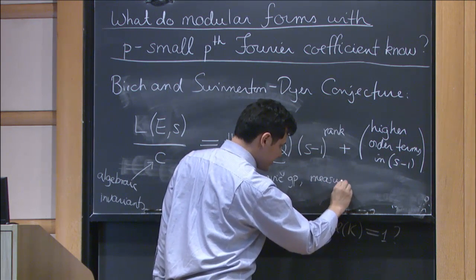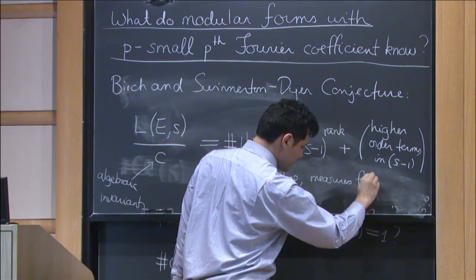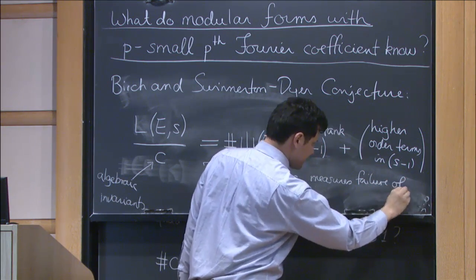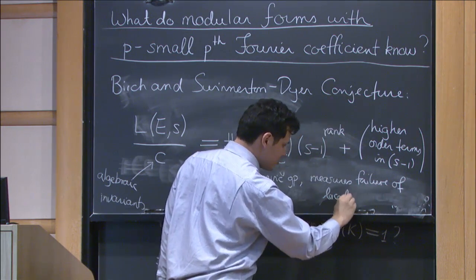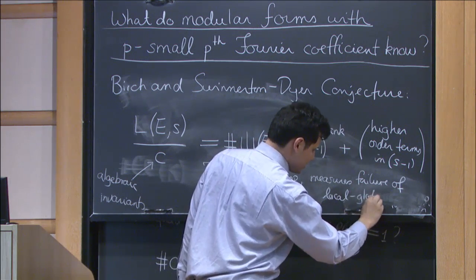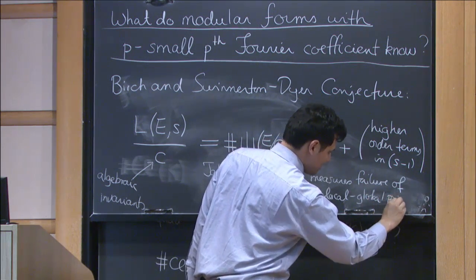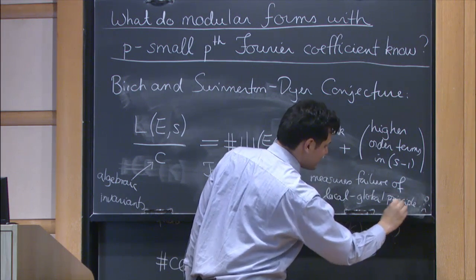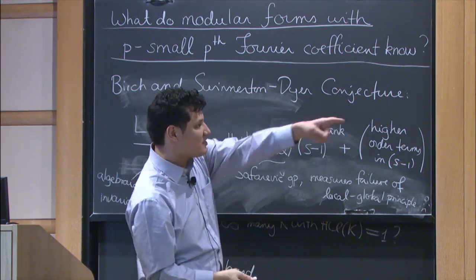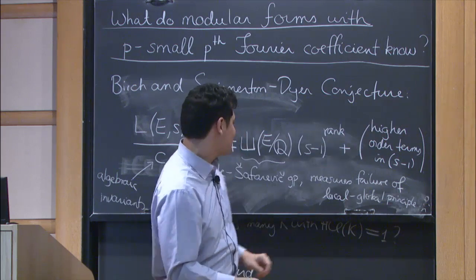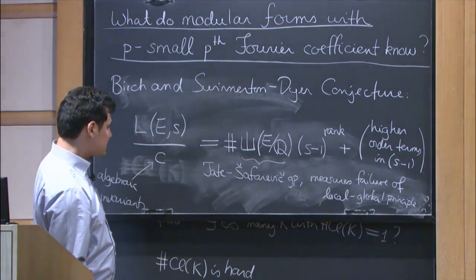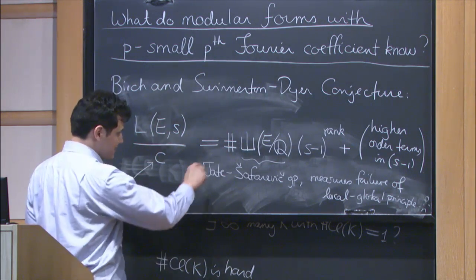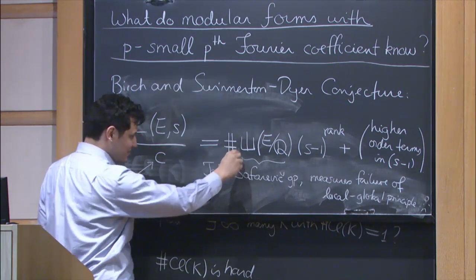So it measures the failure of the local-global principle. So the failure of getting global information just by looking at local points. It's presently not known to be finite, so it's a little weird that we have the cardinality of this group.